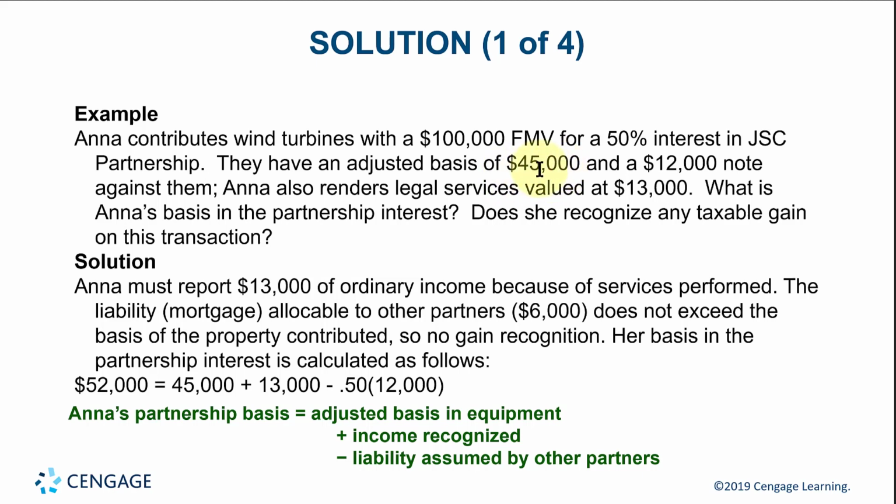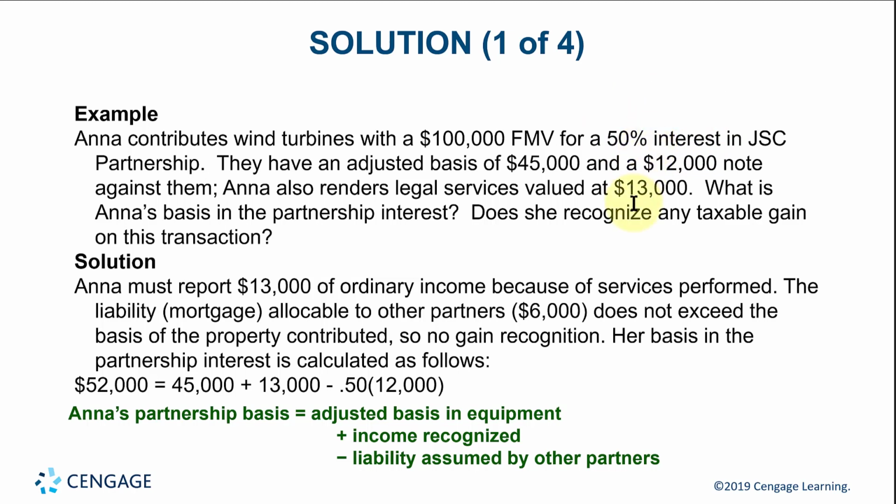Also, there's a promissory note, just like a mortgage, of 12,000 against those wind turbines that the partnership is going to assume. Looks like she's also an attorney that provided services to the partnership, worth 13,000. Again, by providing these services and contributing the wind turbines, she's getting a half interest in the whole partnership.